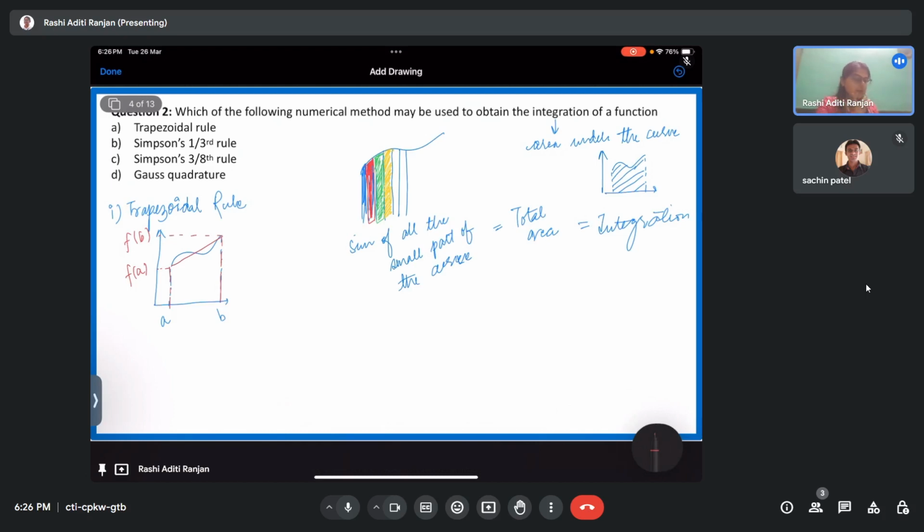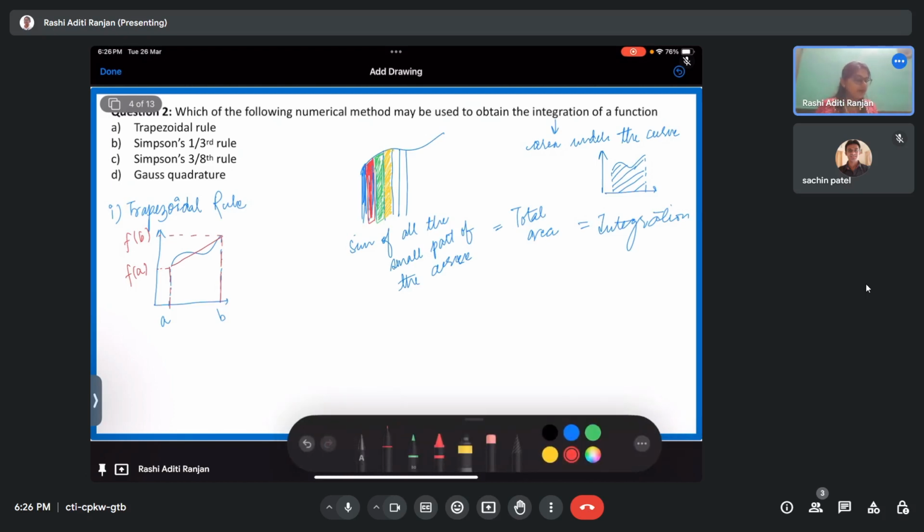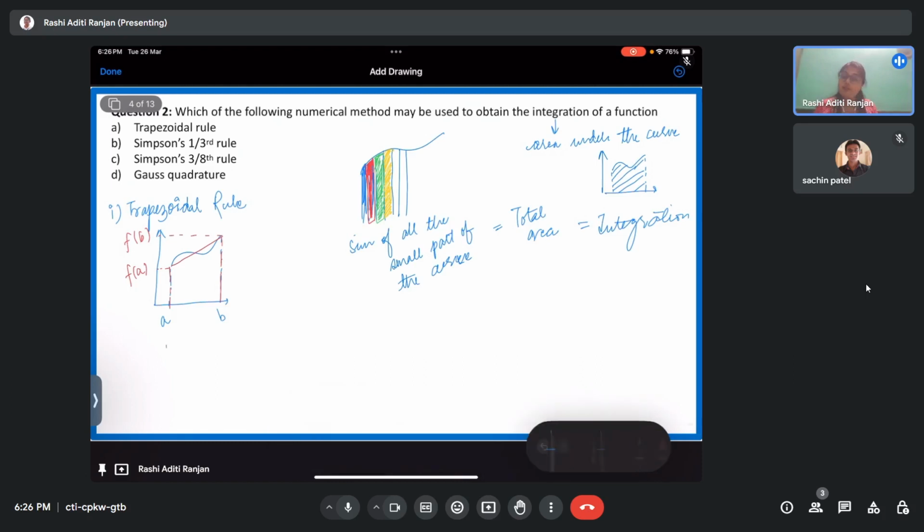If you remember, the area of a trapezoid is given as half into sum of parallel sides into distance between them.